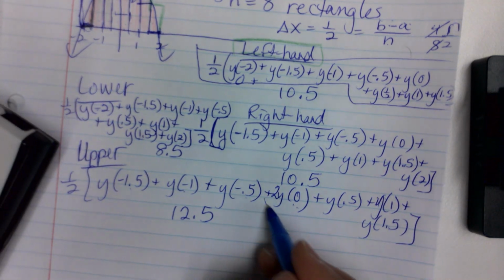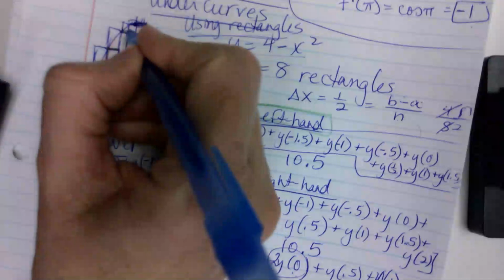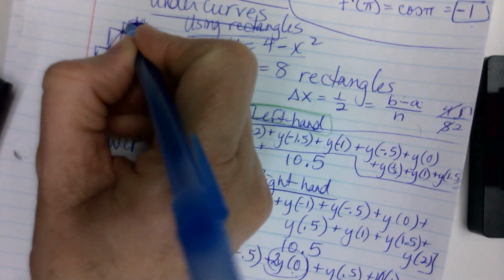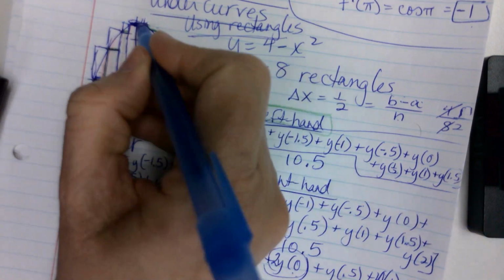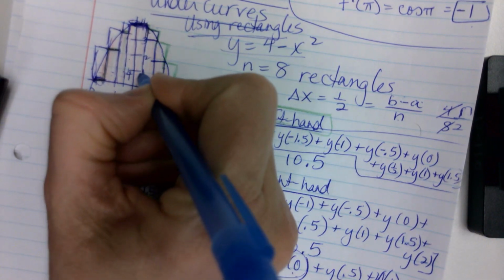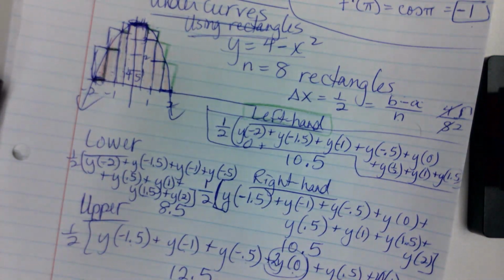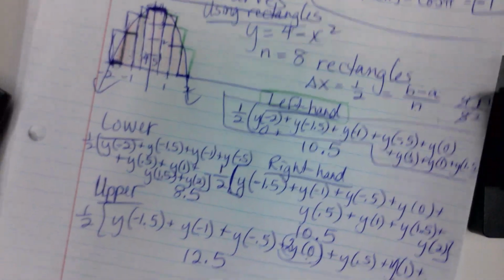This one, 2 of the y of 0s. 1 y of 0 is for this rectangle, 1, 2, 3, this fourth rectangle. The other y of 0 is for the fifth rectangle because they're using the upper side, whichever side it is. Does that make sense at all? No.